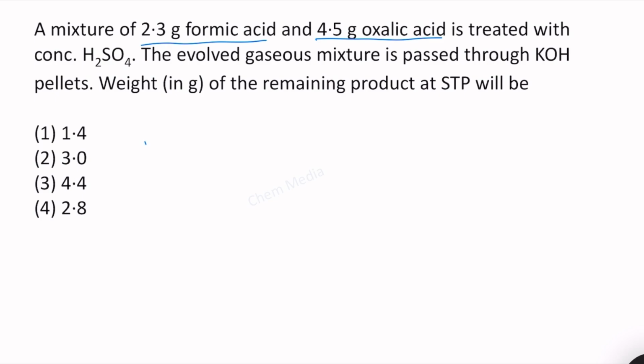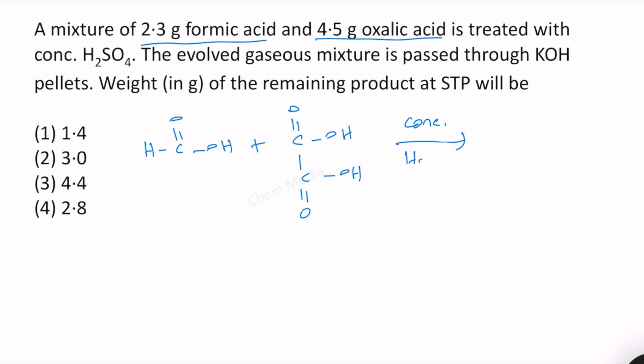We have formic acid plus oxalic acid treated with concentrated H2SO4. Concentrated H2SO4 is a very good dehydrating agent. It can absorb water. Individually, if you see the reaction, what can happen here is it can absorb water.